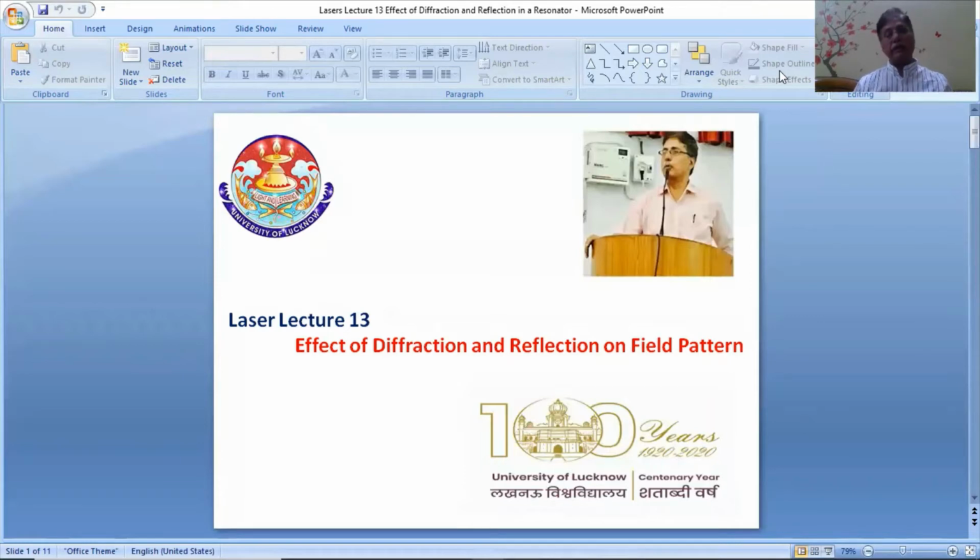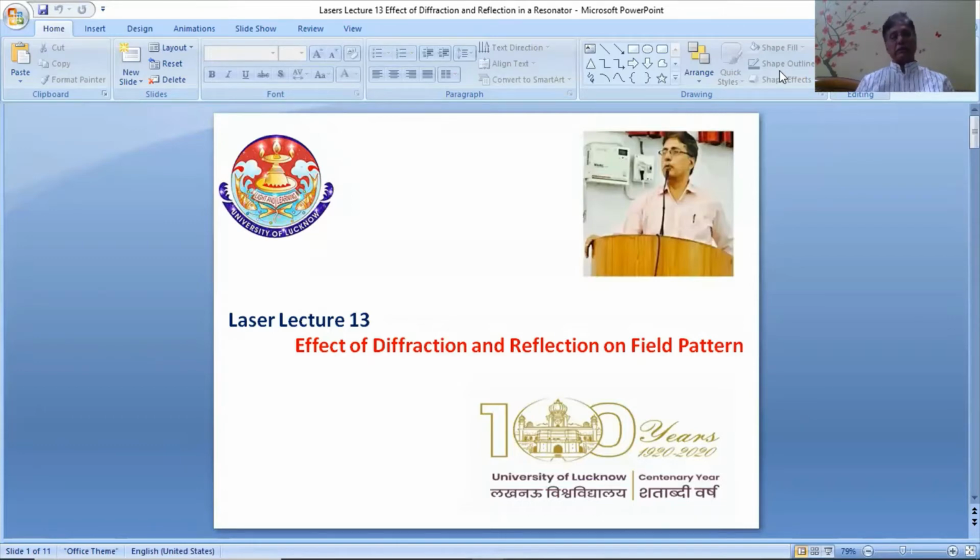Actually, in any resonator system, because the beam oscillates to and fro between the two mirrors of the resonator, in going from one mirror to the other, the beam has to suffer diffraction. And on reaching the mirror, it suffers reflection.